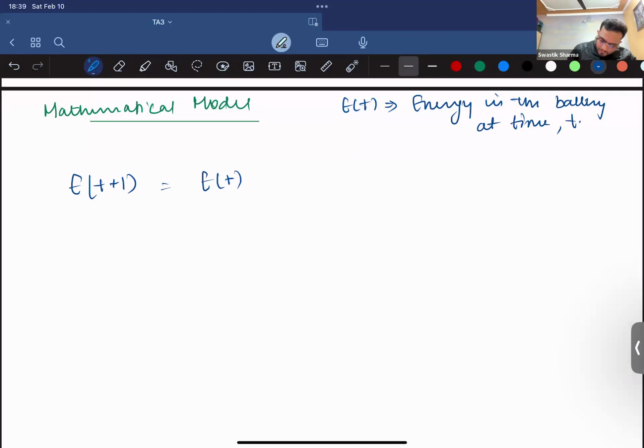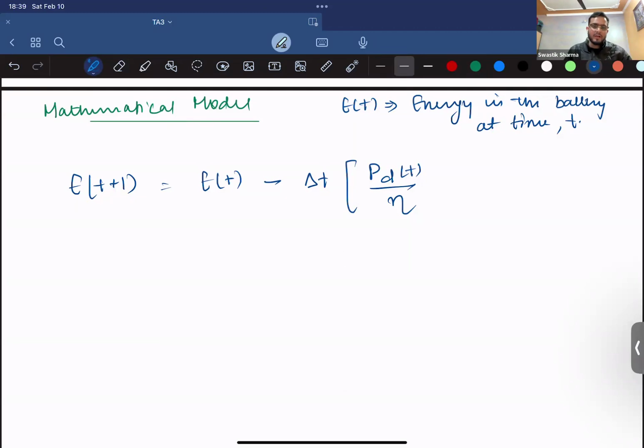So it would be ET, sorry, minus delta t because you generally have power, and it would be PDT. So the charging or discharging efficiency can be different. Right now, I'm just clubbing them both as the same, that is eta, but they can be different. Correct. So that's how your mathematical model will look. That's how the increment of your battery storage will be.